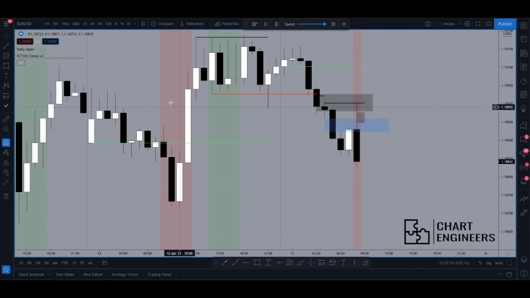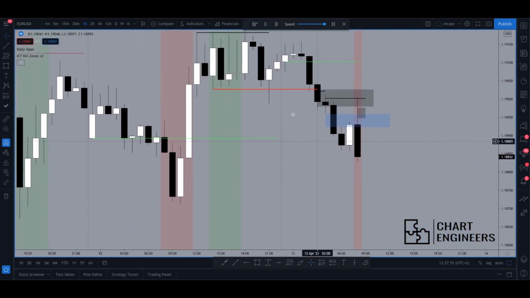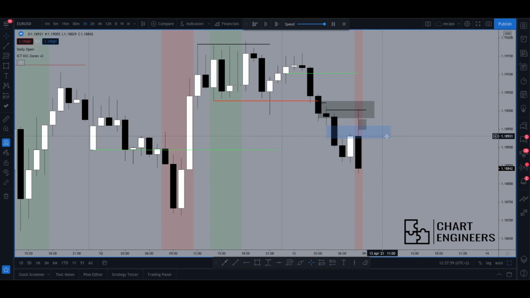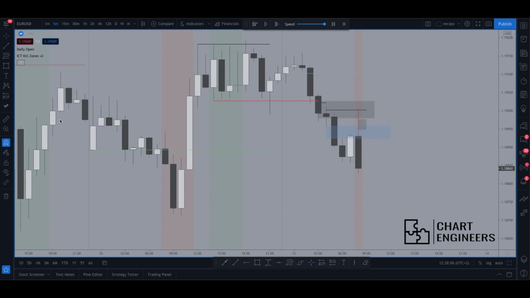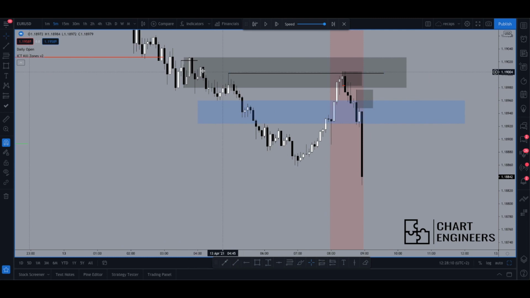Nice setup, nice alignment of the H4 again, H4 draw below, H1 broke structure here, so I was expecting sells, and I was aggressively looking for sells when price was confirming it for me on the M5. Because we had a very nice raid into the M5 fractal. You see that? Raid, break of market structure.